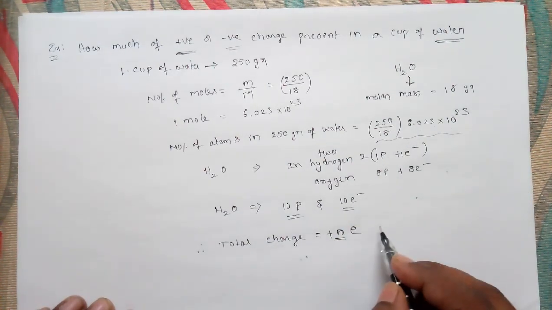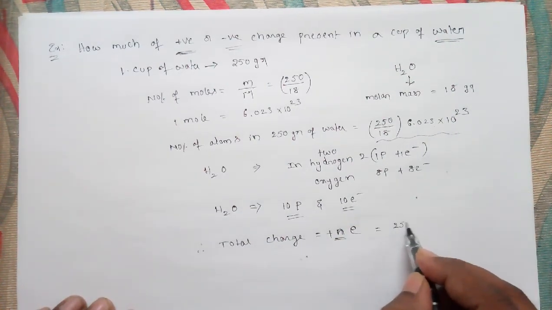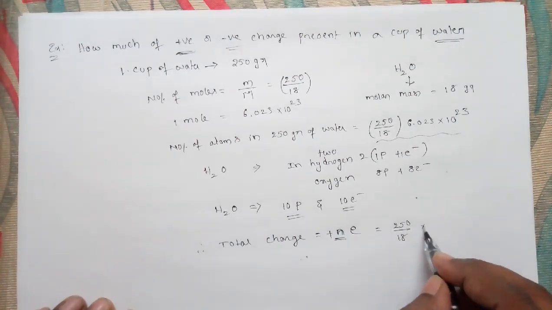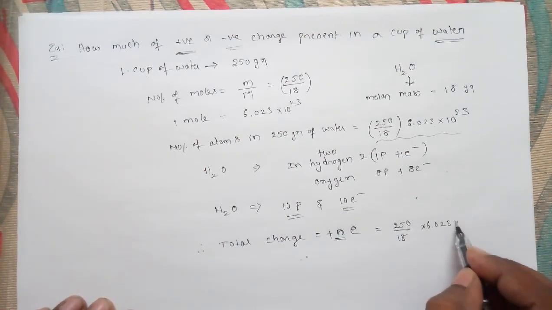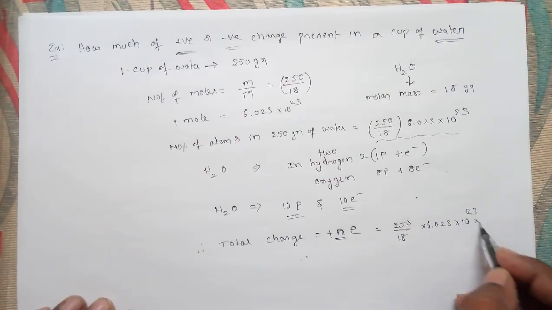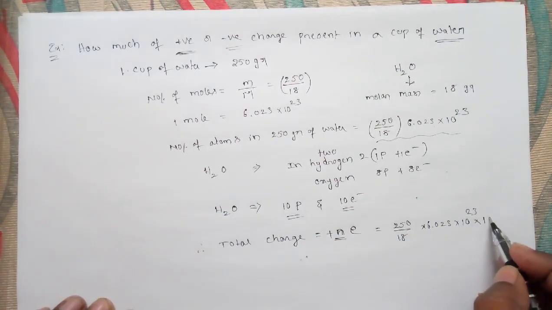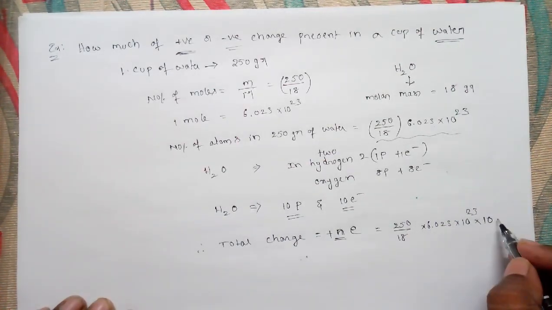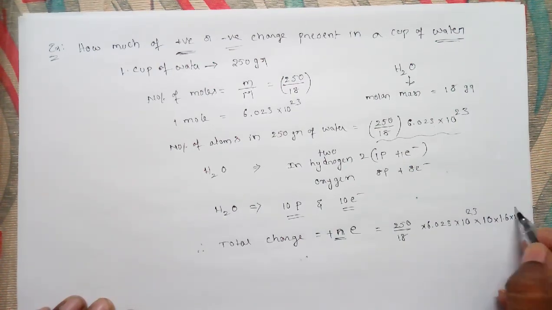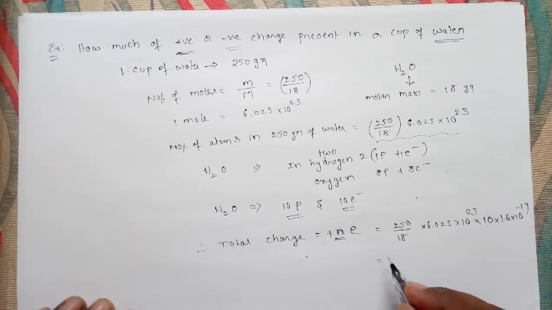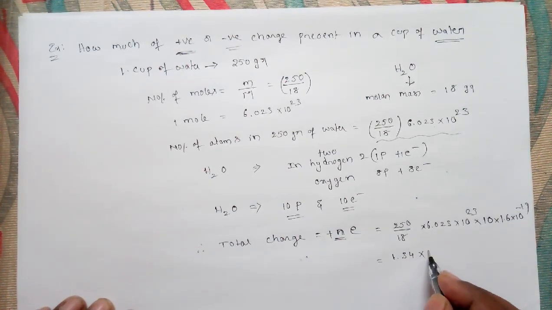That is 250 by 18 into 6.023 into 10 raised to 23, into 10 protons in each atom, and the charge of the proton is 1.6 into 10 raised to minus 19. If you calculate, you get nearly 1.34 into 10 raised to 7 coulomb of charge.